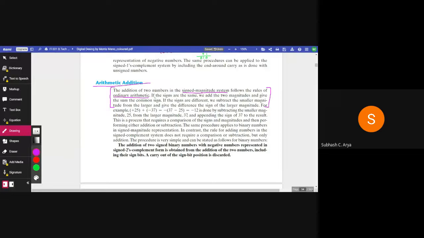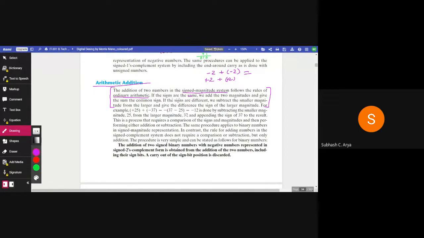If the signs are same, like -2 plus -2, or 2 plus 2, both have the same sign, this is plus and this is also plus. So what does it say?